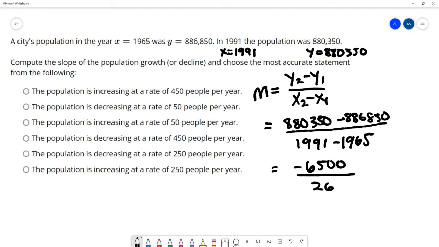Let's do that division. 6,500 divided by 26 is 250, and that's negative. The negative indicates that our population is decreasing and the slope is decreasing. We're decreasing at a rate of 250 people per year. So this is the correct statement.